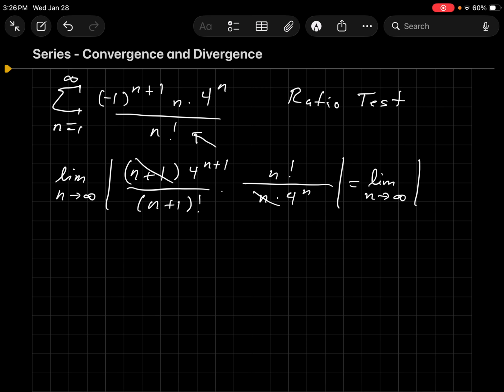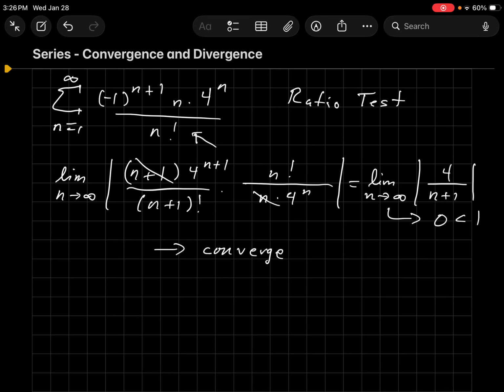And then we'll have 4 on top and an n plus 1 on the bottom. Which means that the series will converge. Why? Because my sequence part, that is the ratio of my terms, is going to 0, which is less than 1.